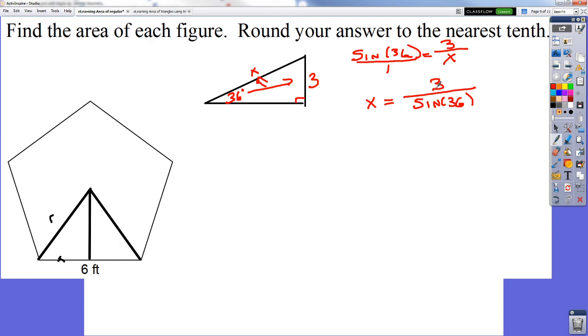You can put that into the calculator and get something out of it. If you do, typing it in the calculator, you end up with x equals roughly 5.1 something.